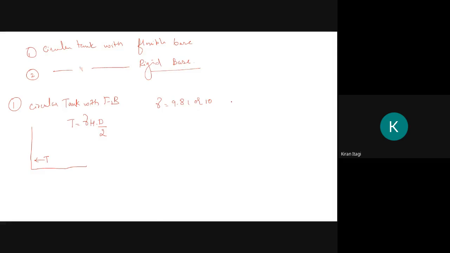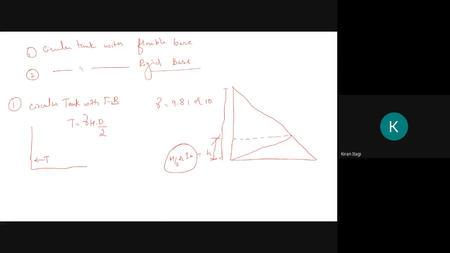This will be your small h, which is given by h by 3 or 1, whichever is greater, and this will be the total height.